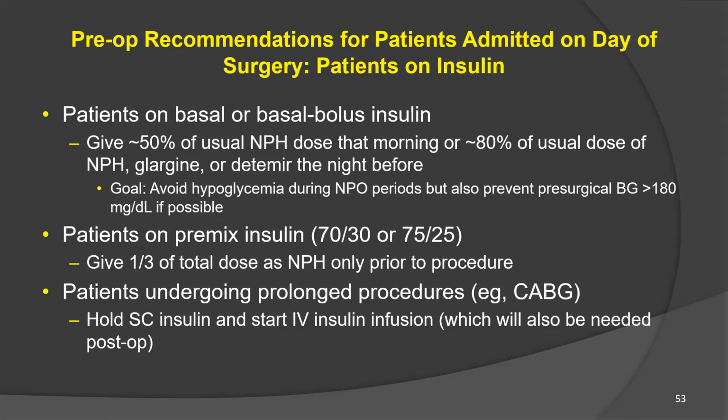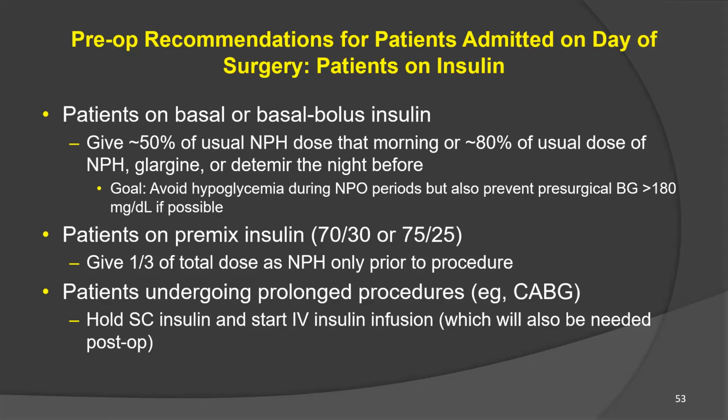Remember this because most of the staff and the primary teams are not very happy to give such type of insulin on the day of surgery. They're not very comfortable actually. So you counsel them.